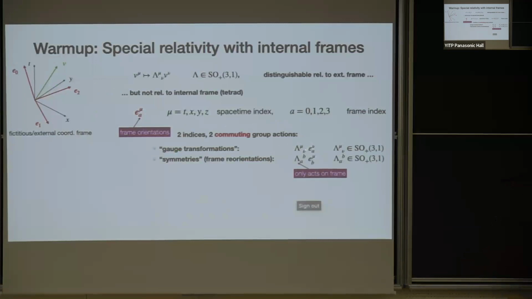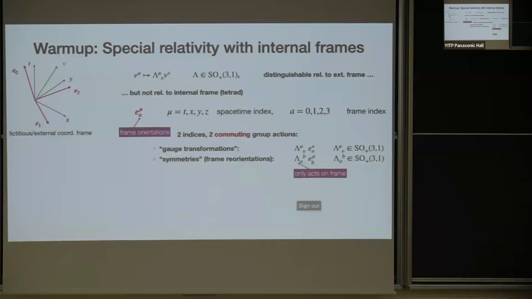Lorentz transformations. They act on all dynamical degrees of freedom, if you want. But then there's also the frame index, and there are also Lorentz transformations acting on those. But these really only act on the frame. These we can suggestively call symmetries. And in fact, they're really frame reorientations. If you look at what this does to the frame, it really reorients the frame.